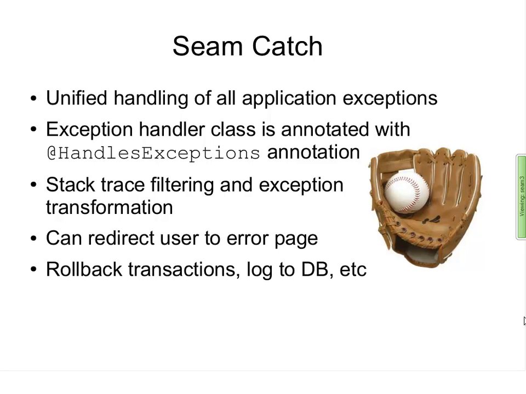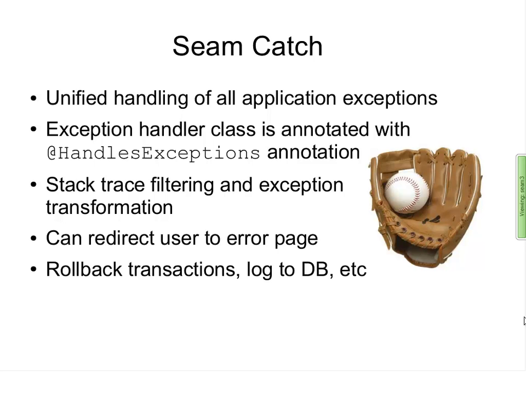An exception handling class is annotated with the handles exceptions annotation to let SEAM Catch know that the class is used to perform a special exception handling routine for certain exception types. And each method in the class has an event parameter which can be annotated to control which exception types are handled by that method.